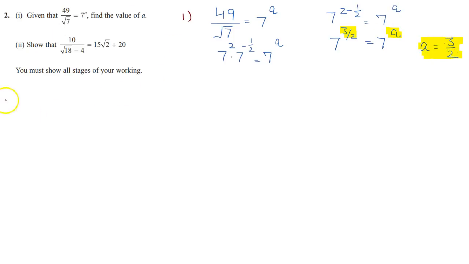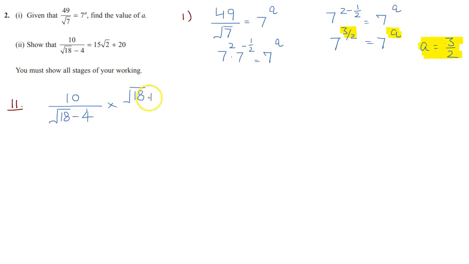Part B. The second part is 10 over root 18 minus 4. We have to write it in the form 15 root 2 plus 20, which means we rationalize the denominator. So let's start by this.